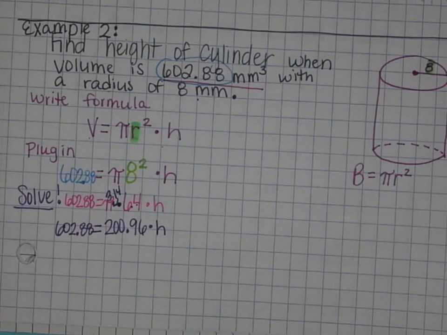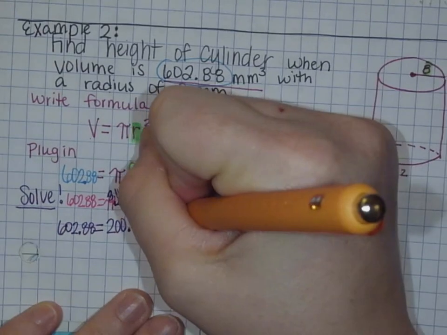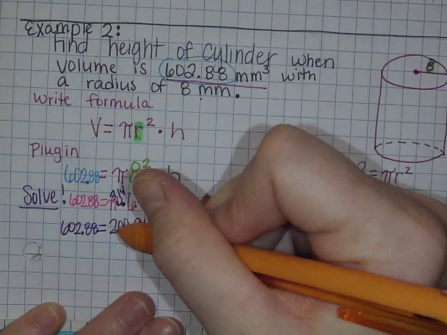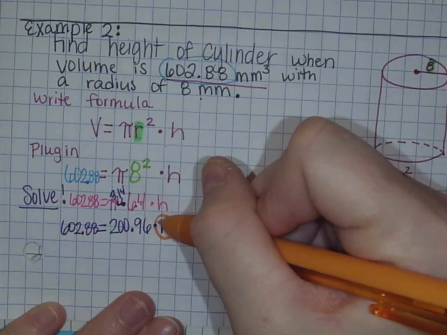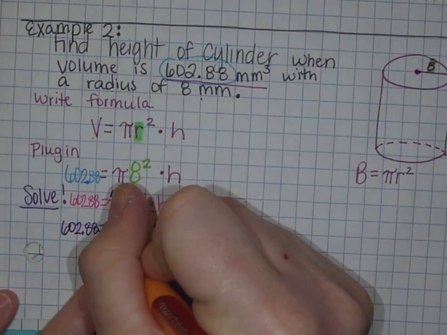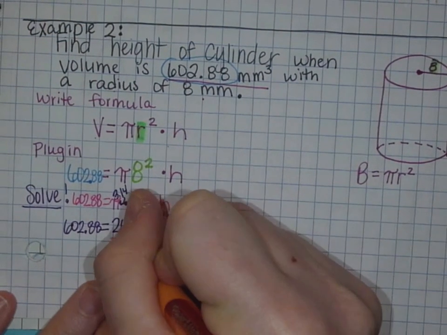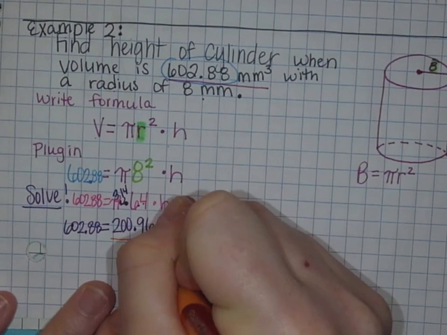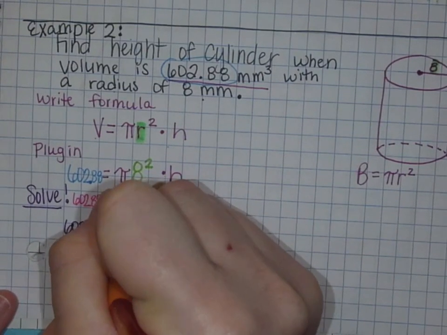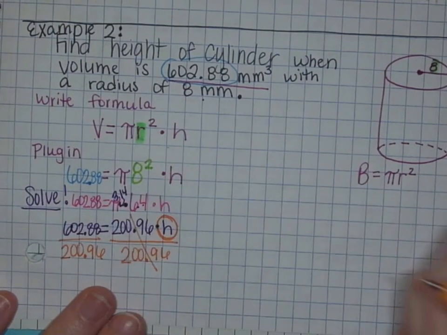Okay, now do just like we did up above. So I'm going to circle my variable. So I have 200.96 times height. So the opposite of multiply is to divide. So I'm going to divide by 200.96 and divide by 200.96. Those cancel.